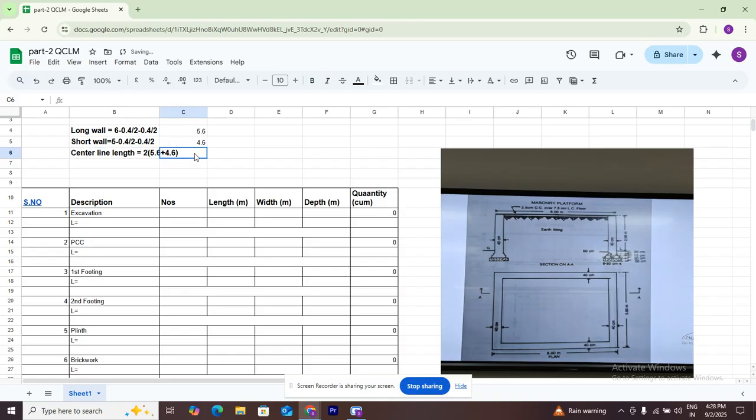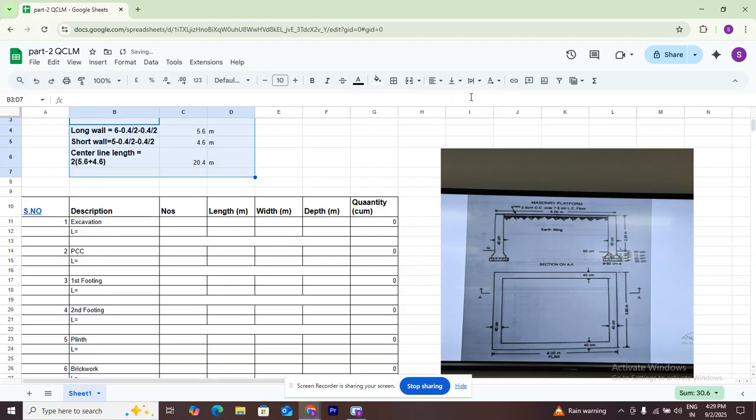The answer has to come 20.4 meters. With the center line method, around the building the center line is 20.4 meters.